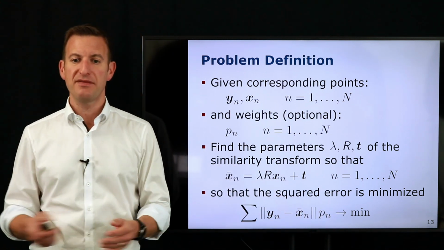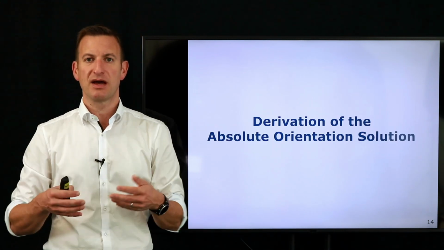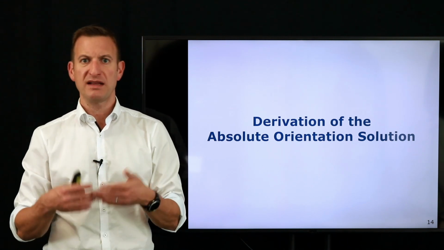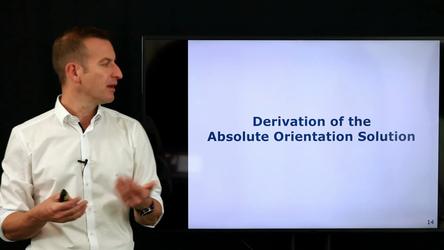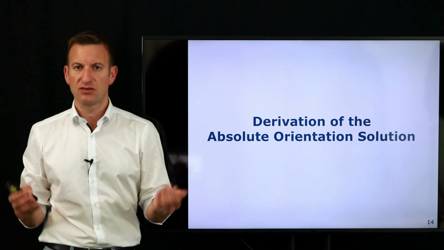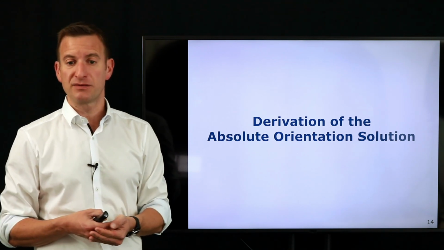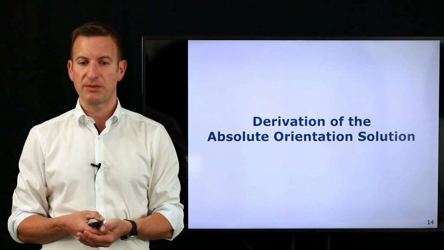And we really want to derive this from scratch, so that you have an idea on how to compute it, what's behind it, what the assumptions are behind that approach, and can apply this also in order to, for example, understand how the iterative closest point algorithm actually works.